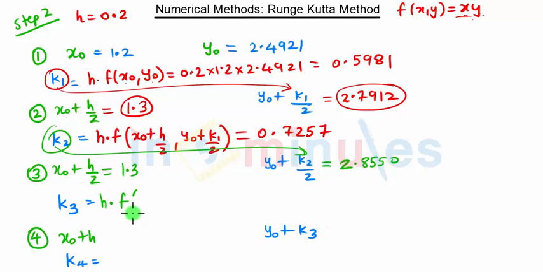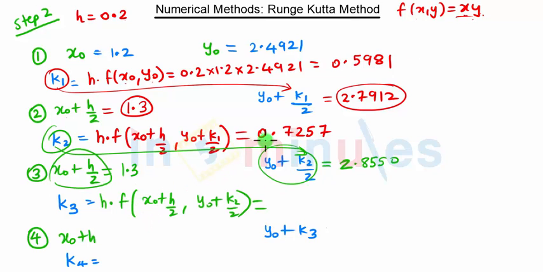Now we will calculate k3. k3 will be h into f of this term comma this term. So instead of x and y in this equation, we replace x by x0 plus h by 2, which is 1.3. So 1.3 into, we replace y by y0 plus k2 by 2, which is 2.8550. So here we have h, which is 0.2, into these two values.